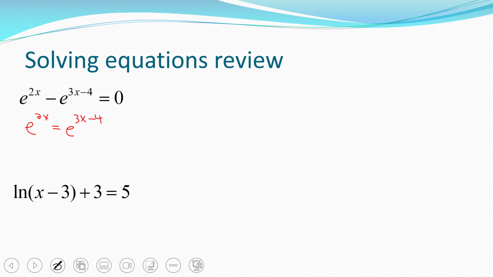So the only way the outputs could be the same is if the inputs were the same. And then from there, it's easy. Just add 4 on both sides, subtract 2x on both sides, and you get the only possible solution to the problem. Great.